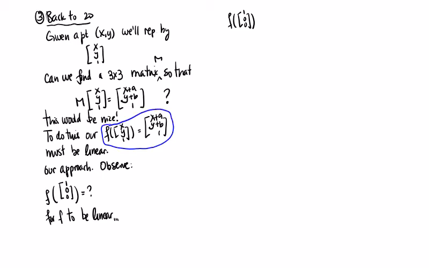So what do we do with 1, 0, 0? I'm going to rewrite 1, 0, 0 as 1, 0, 1 minus 0, 0, 1. The reason for doing that is if it's linear, I can split it up. And again, we're sort of hoping it's linear. We're saying, well, if it's going to be linear, how would it need to work?